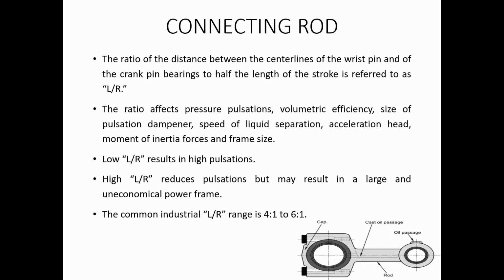It has to be kept within a permissible limit, and the common ratio range is 4:1 to 6:1. Within this range, all these effects will be minimized, whereas if the ratio is lesser or greater, it may cause some uneconomical challenges.